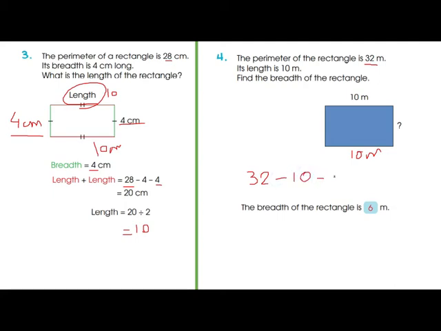Again you have to subtract 10 because we have 2 lengths, and this is basically equal to 2 times the breadth. So we can write that it is equal to 12, and simply you have to divide by 2. The reason is this, to find out the single breadth. So if you are dividing 12 by 2, you will get 6 meter.